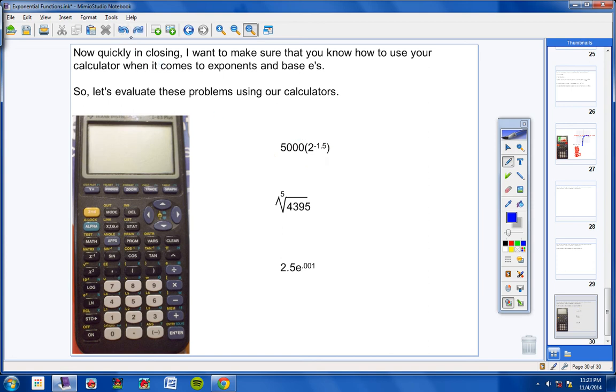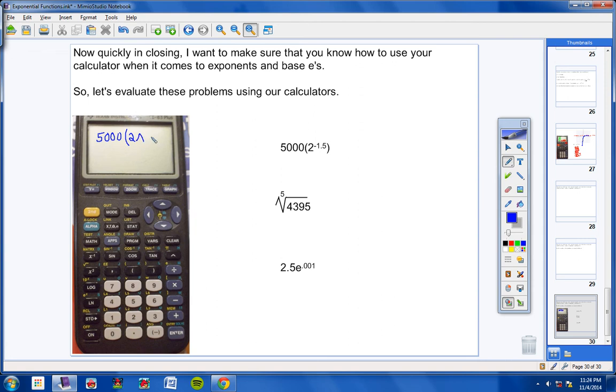Okay, first of all, you type in 5,000. Then a parentheses. Then a 2. And I'm doing this with you guys. Hold on one second here. 5,000 parentheses. Then hit arrow. So an arrow pops up here.